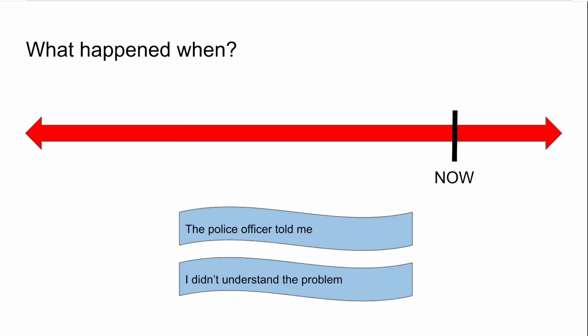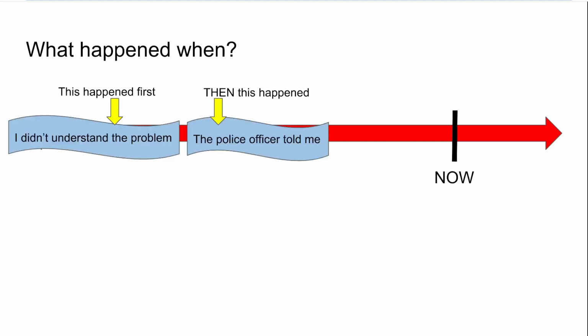So let's have a look at another example. The police officer told me, I didn't understand the problem. So again, we need to decide what happened first. Okay, so I didn't understand. Then the police officer told me.